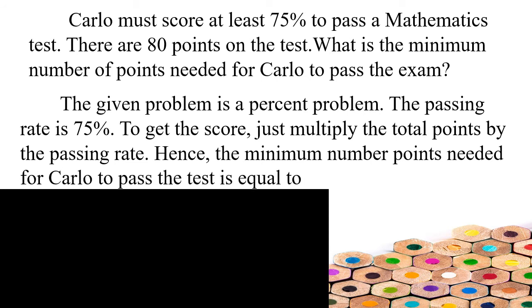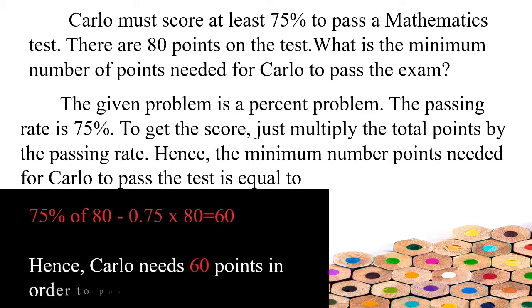To get the score, just multiply the total points by the passing rate. Hence, the minimum number of points needed for Carlo to pass the test is equal to 75% of 80. Or, that is 75 hundredths times 80, and that is 60. Hence, Carlo needs 60 points in order to pass the test.